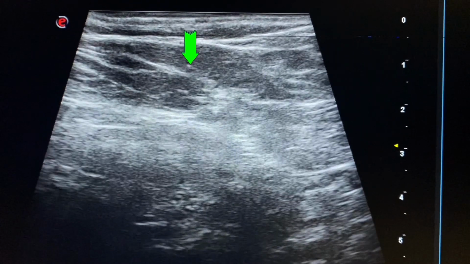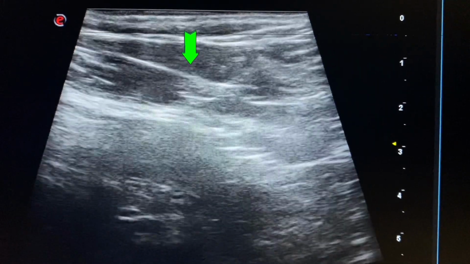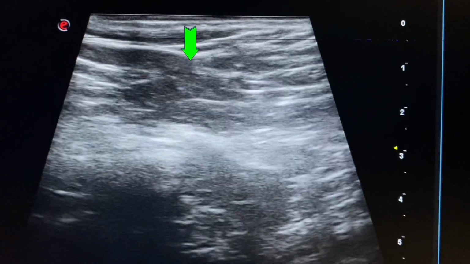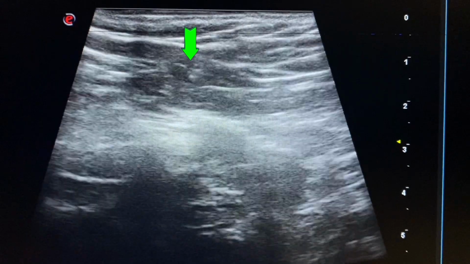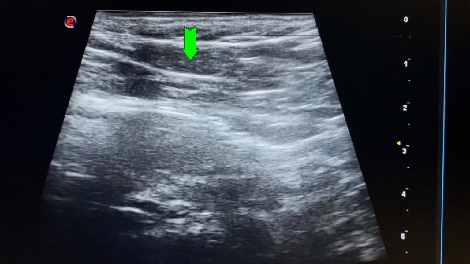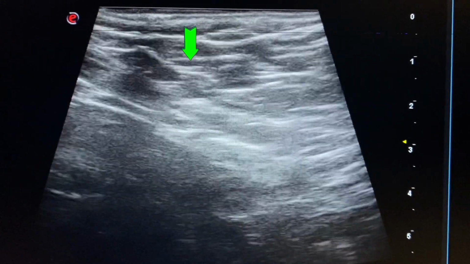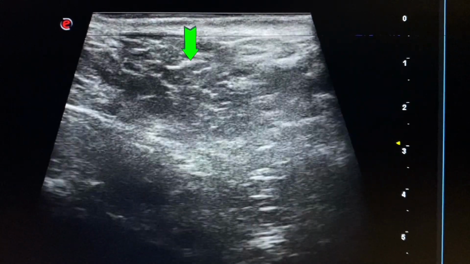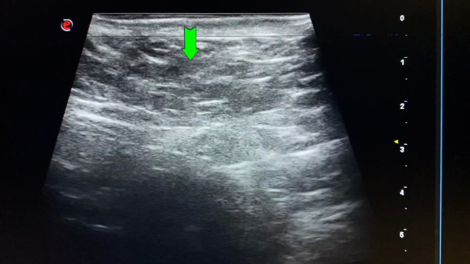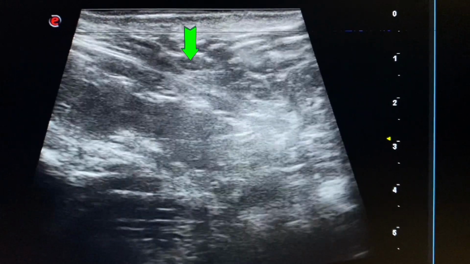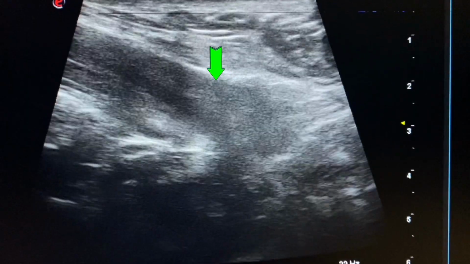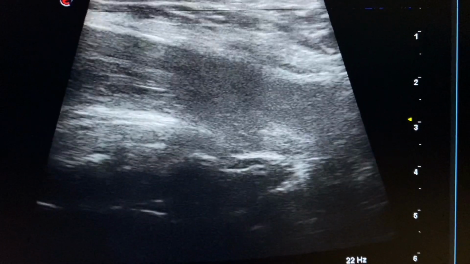Now we continue scanning to the left perianal area. Here we find the left testis in the perianal area.